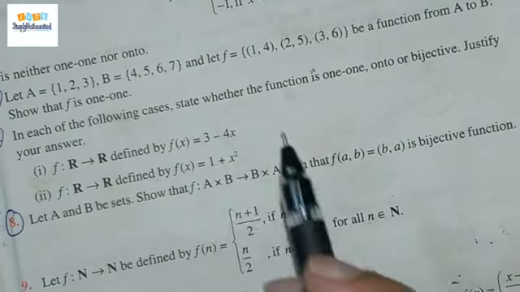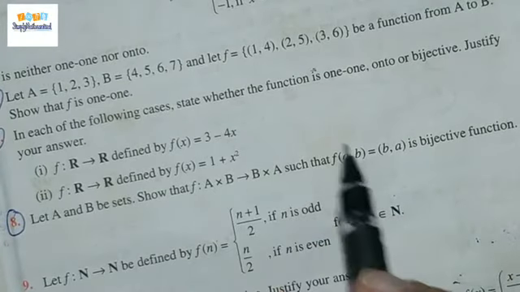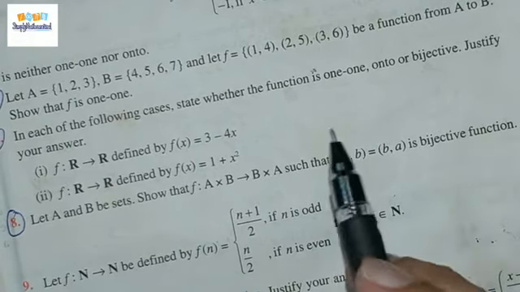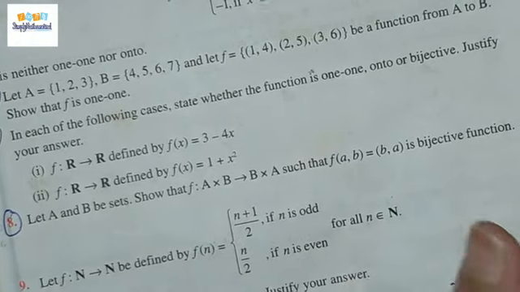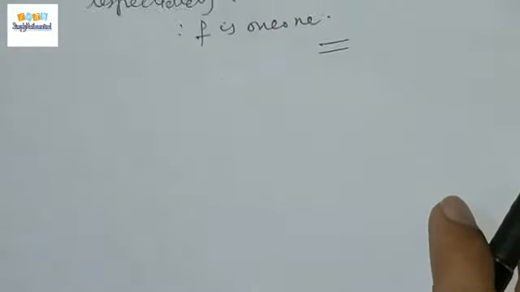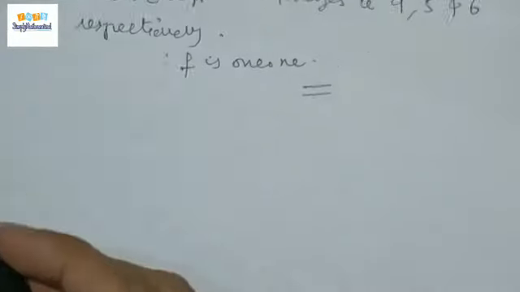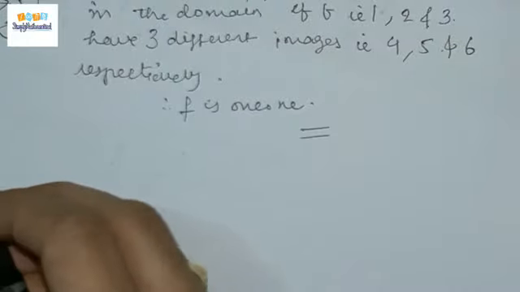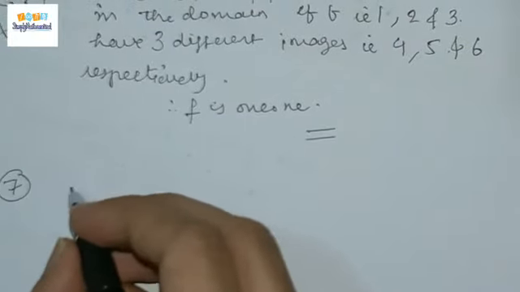We have to state whether the functions are one-one, onto, or bijective, and justify your answer. Let us first do the first problem, that is 7, 1.